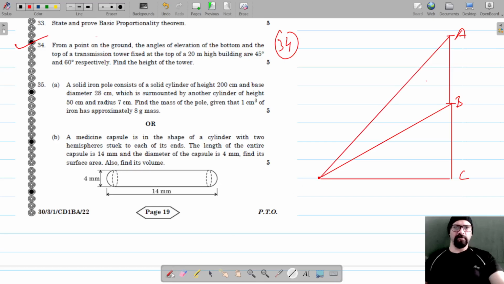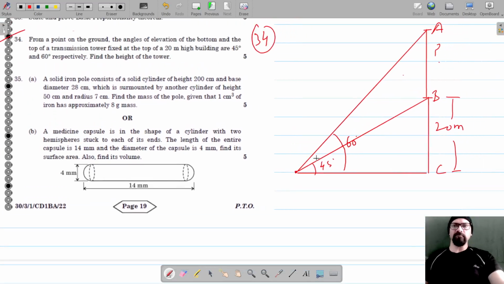The angles of elevation to the bottom and top are, this is 45 degree, and to the top it's 60 degrees. So this angle is 60 degree. And this height of the building is 20 meter. We have to find the height of the tower, that is AB.